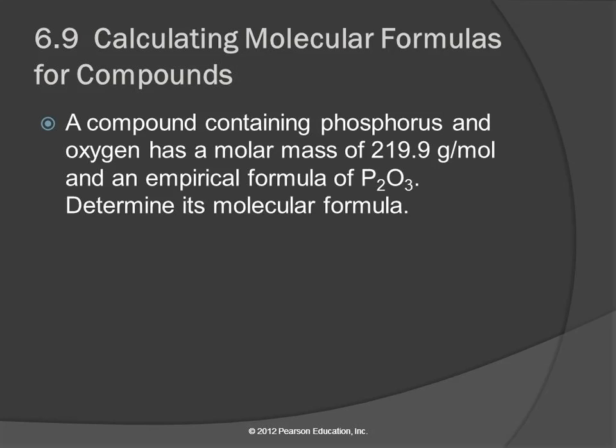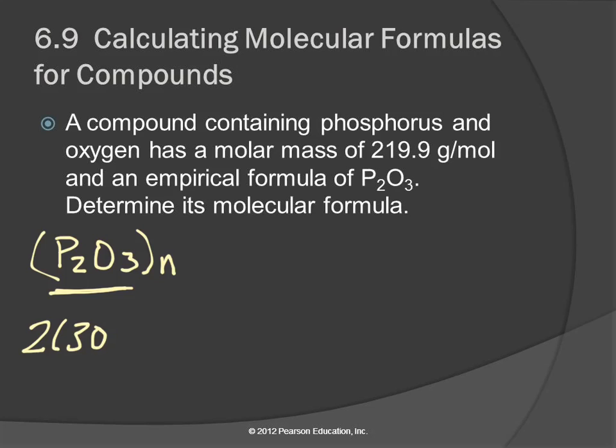So here we've got P2O3, the empirical formula, and we know that the molecular formula is some number n times that. Well, what is the molar mass of this empirical formula, the P2O3?